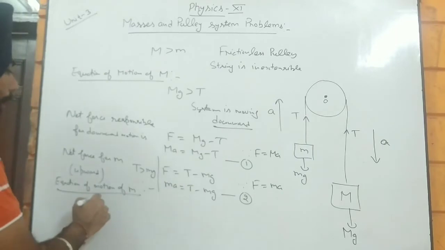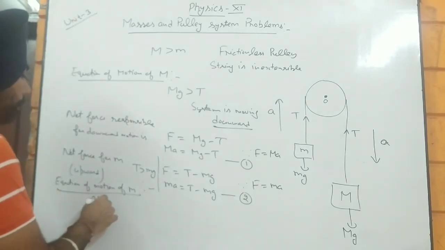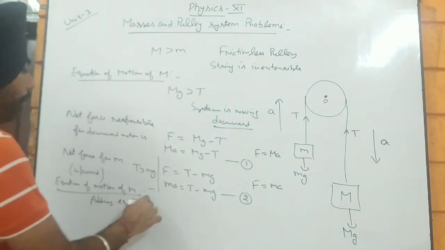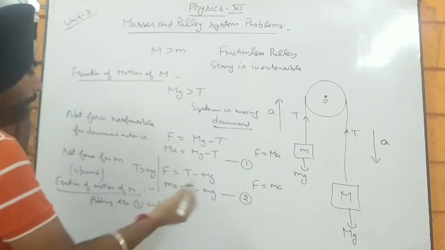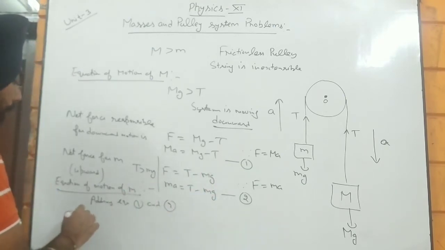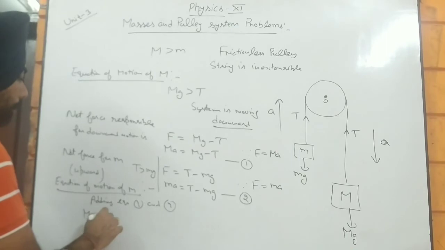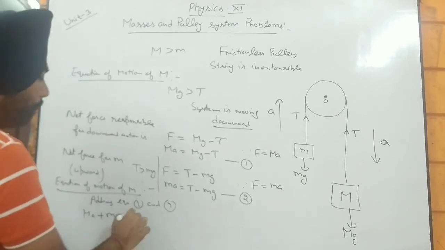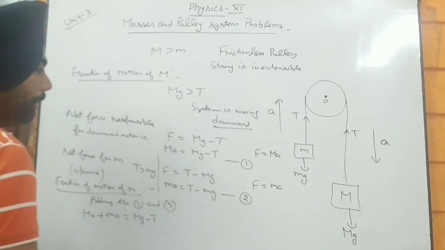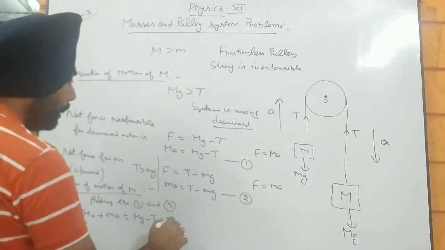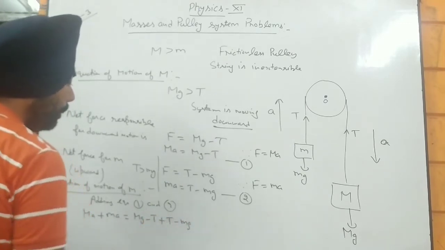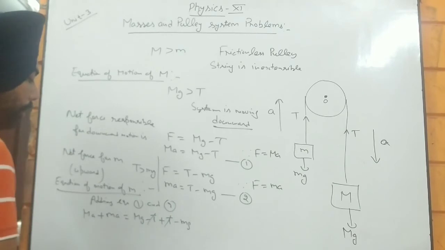So just adding equation 1 and 2, you have the answer. So which means Ma plus smaller ma is equal to Mg minus T plus T minus mg. So T is going to cancel out here.